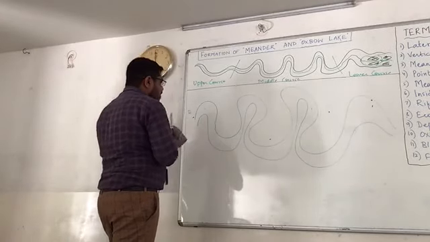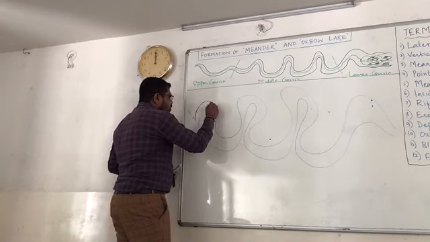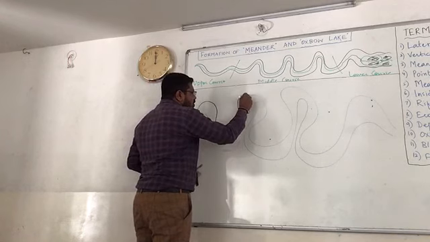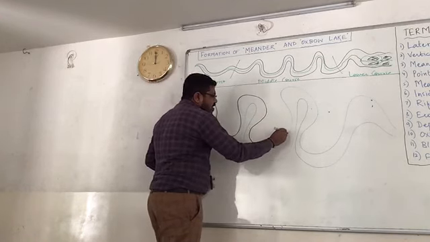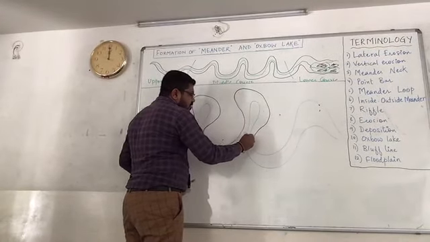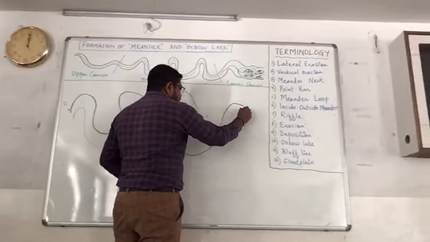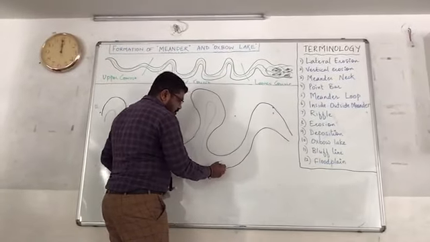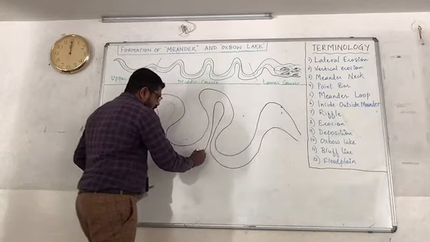Let me try the other way. The river is flowing this way in the middle course because of the less gradient. The river takes a lot of turns. This feature is also described. There are 3-4 terms which are used to describe a meander.